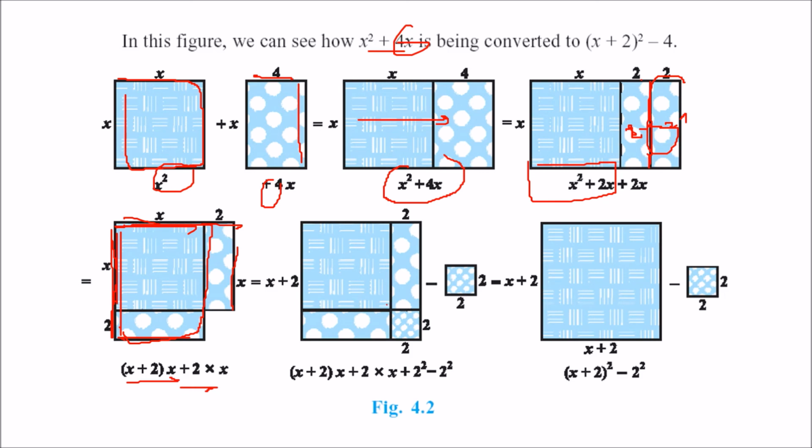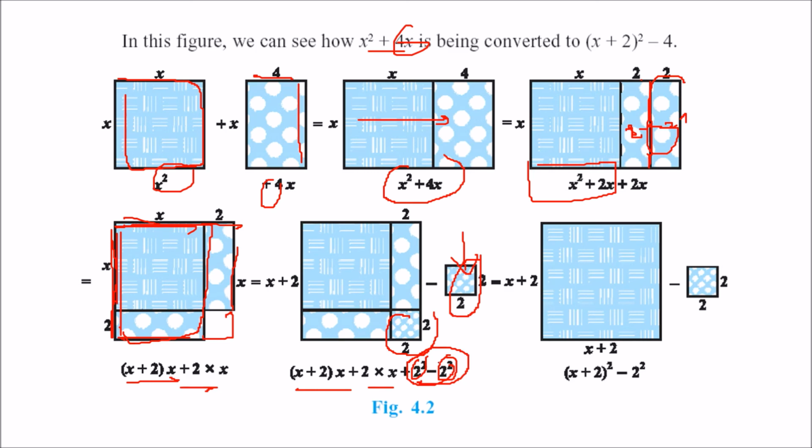Now what we have done is we have added 2 into 2 and subtracted 2 into 2. This area we have added ourselves, so we have to deduct it also, subtract it also. So this becomes x plus 2 into x plus 2, minus this, because this was not already there.